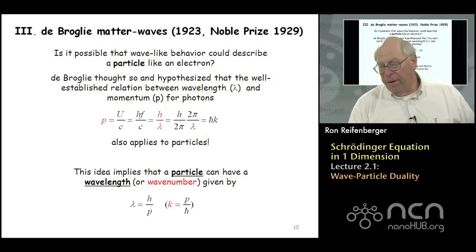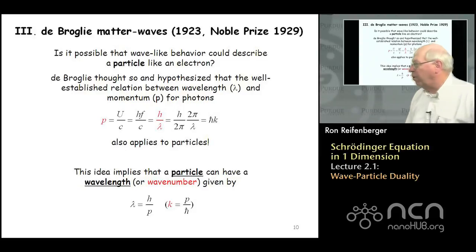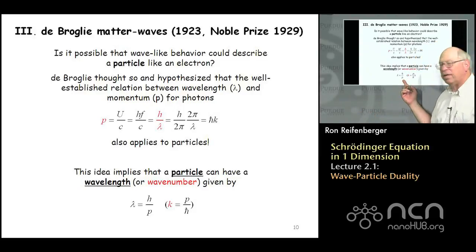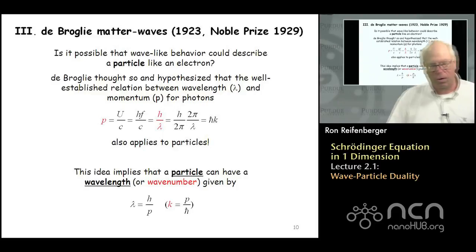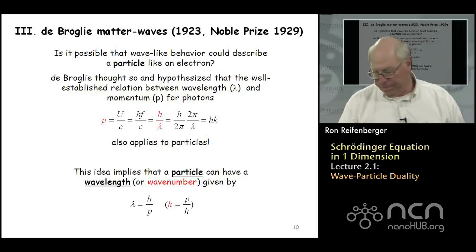And de Broglie hypothesized that that same formula could be applied to particles, and in particular he said if a particle has a momentum p, you divide p into Planck's constant h, and that tells you the de Broglie wavelength of that particle.